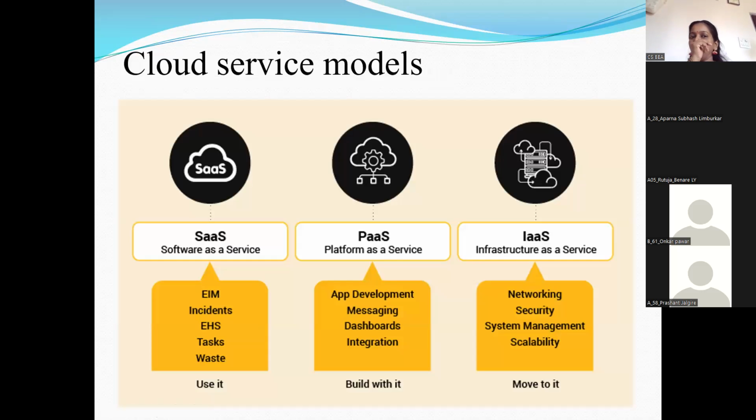Then we came to the cloud service models. 3 basic models we have seen: software as a service, SaaS, platform as a service, PaaS, and infrastructure as a service, IaaS. Fine.